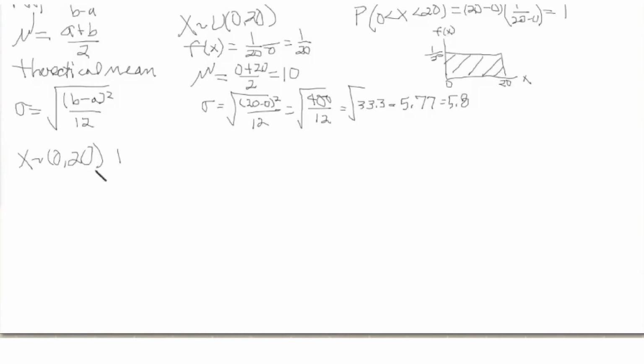Now let's say that they're going to give me the same range with minimum and maximum A and B at 0 and 20. But this time I want to find a portion of that graph. Find out what the probability is of X being between 4 and 15.